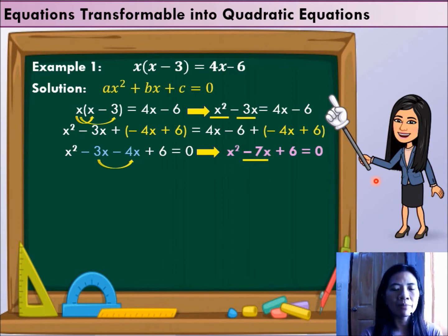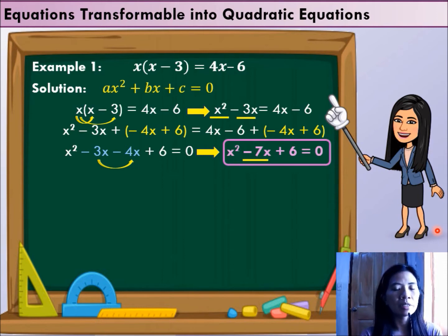We add because their signs are the same. Then copy plus 6. Therefore, the standard form of our equation is x squared minus 7x plus 6 equal to 0. This is now the standard form of the quadratic equation.